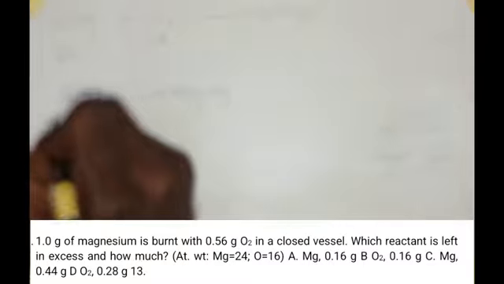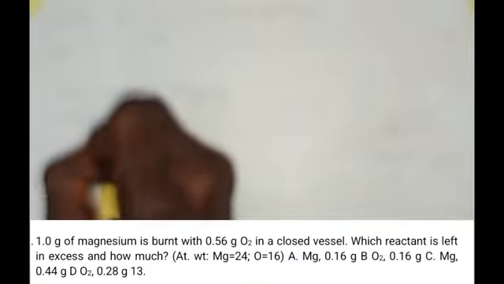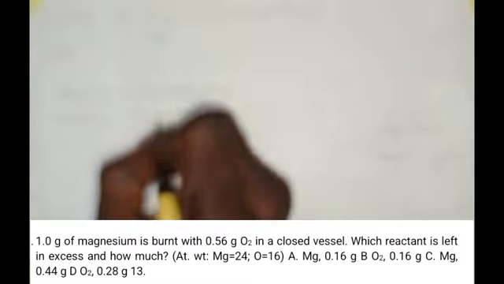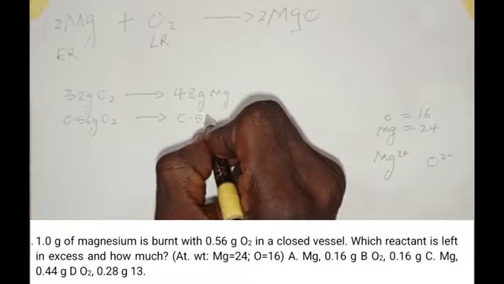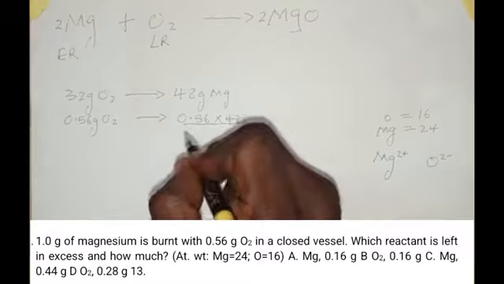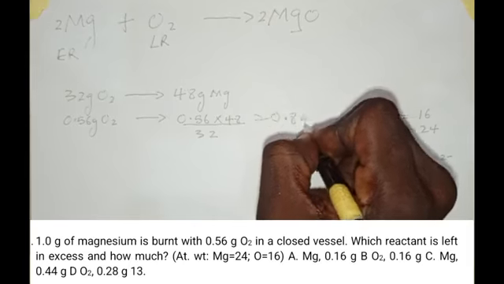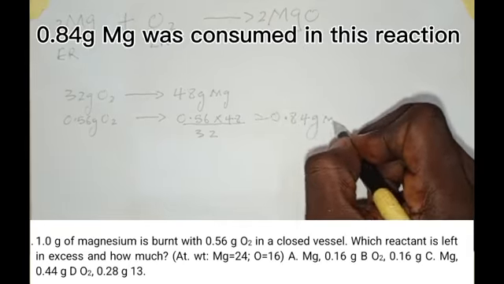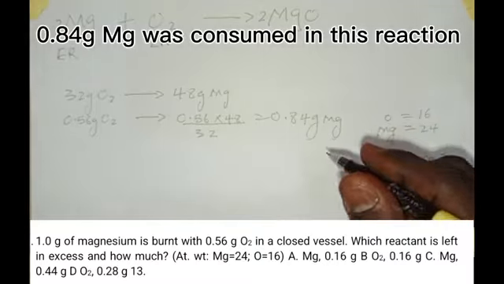So therefore, 0.56 grams of O2, which was provided, will react with what? We cross multiply: 0.56 multiplied by 48 divided by 32, and that gives 0.84 grams of magnesium. So this is the amount of magnesium which reacted, or that took part in the reaction.